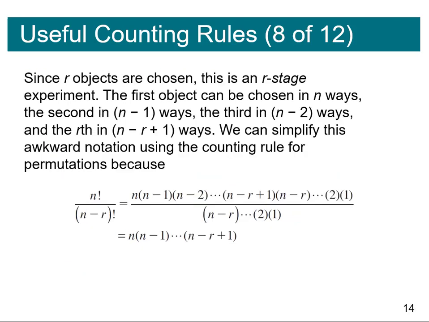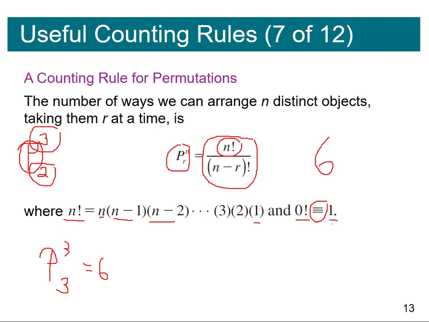The formula that we just saw was n factorial over n minus r factorial. In the last example, n was equal to 3 and r was equal to 3.